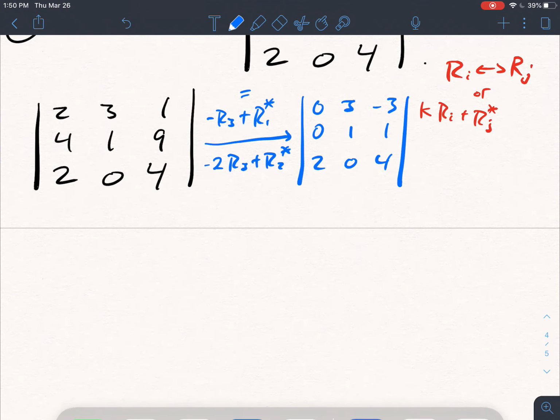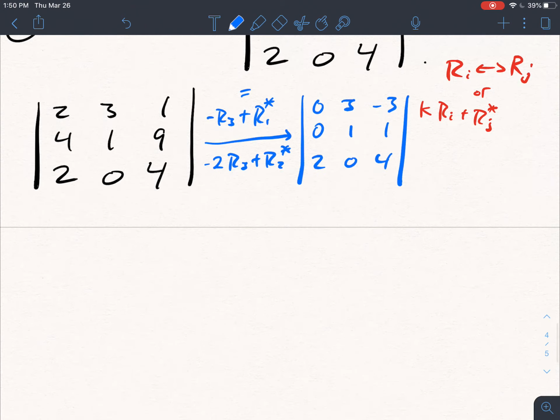And now I can do more row operations. I can use this one right here to zero out the entry above it. Let's do negative 3 times row 2, add it to row 1. And that won't change my determinant.